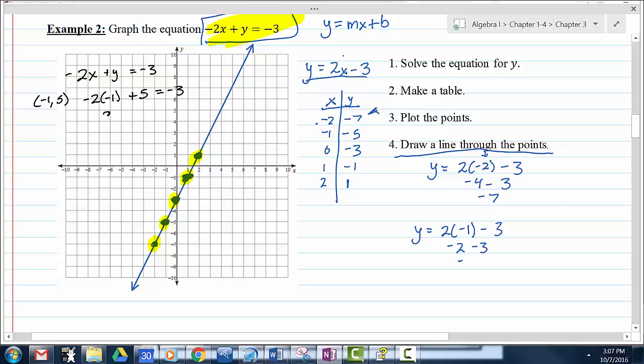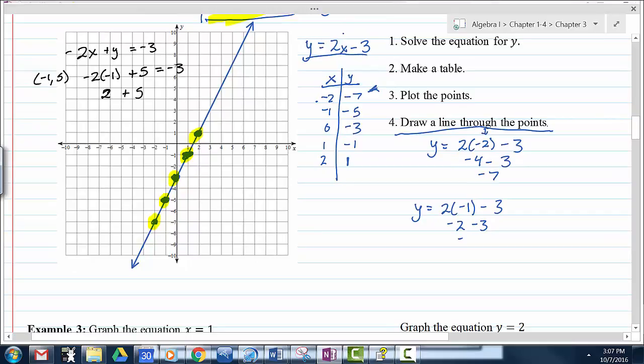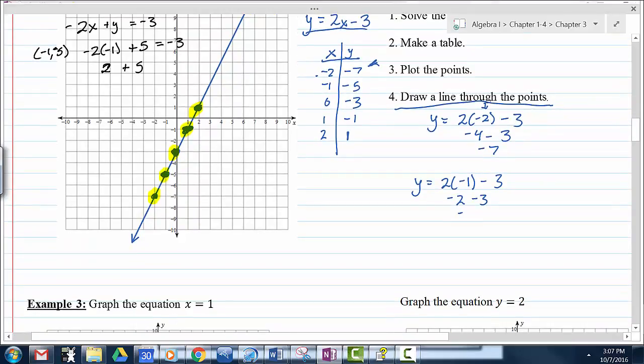That's going to be 2 plus negative 5, which equals negative 3. So it gives us a true statement, so it works as a solution. Same thing with all the other points I highlighted and everything in between and on the outsides of it. But we'll get to those in a second.